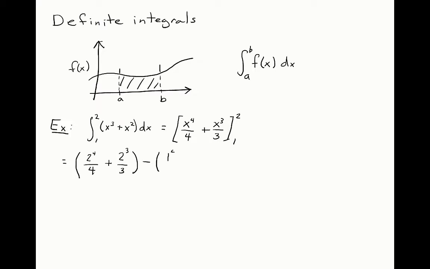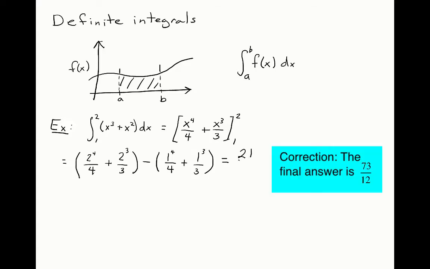So we have 1 to the 4th over 4 plus 1 cubed over 3. So this is another place, because you have minus and some numbers in parentheses, you need to be careful with your signs. So if you work all this out, and I trust you know how to add fractions, you end up with 21/4.